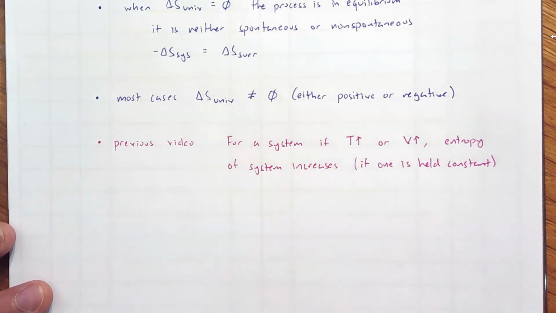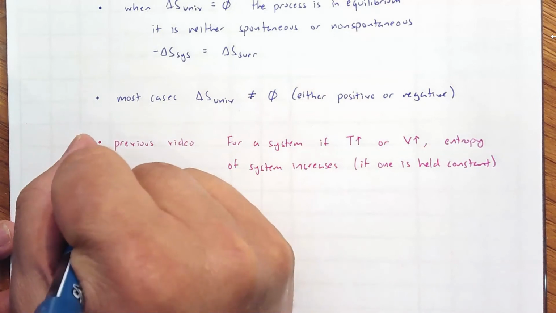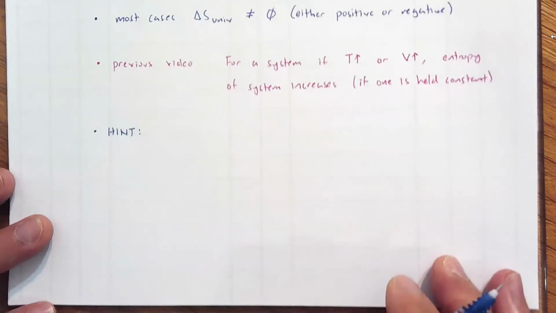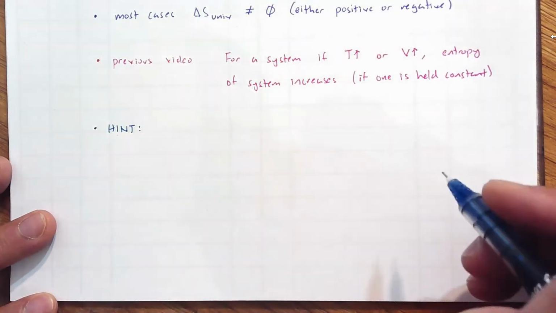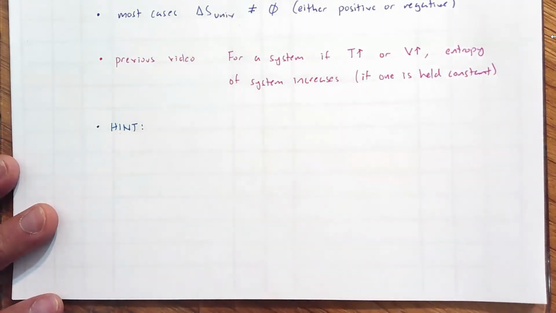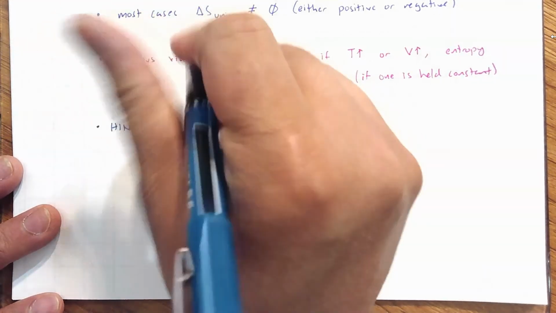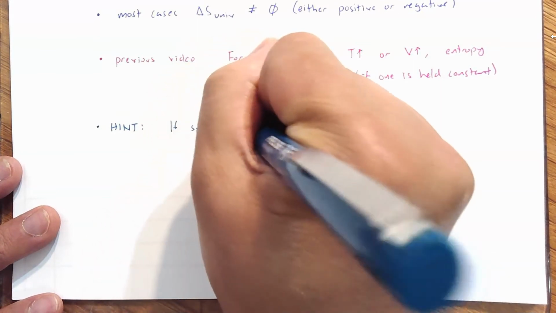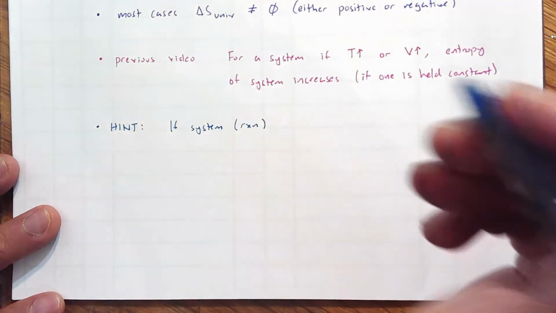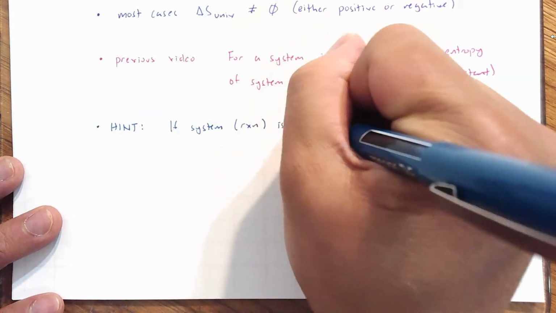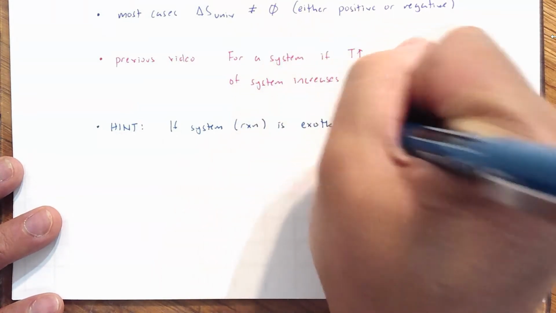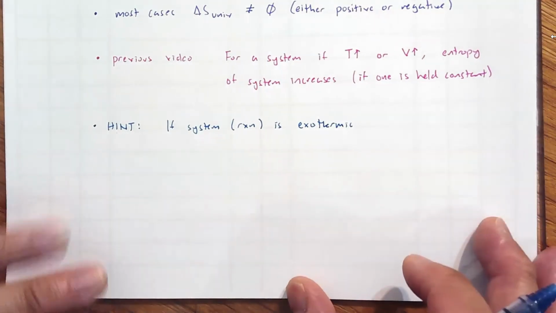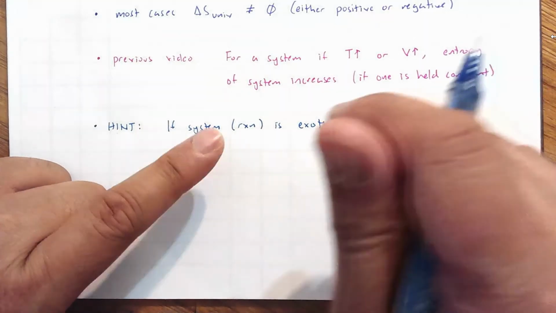Another thing that will help us with the problem is, let me give you this hint. If the system or the reaction is endothermic or exothermic, let's take exothermic, you want to think of how that affects the surroundings, not technically the system.